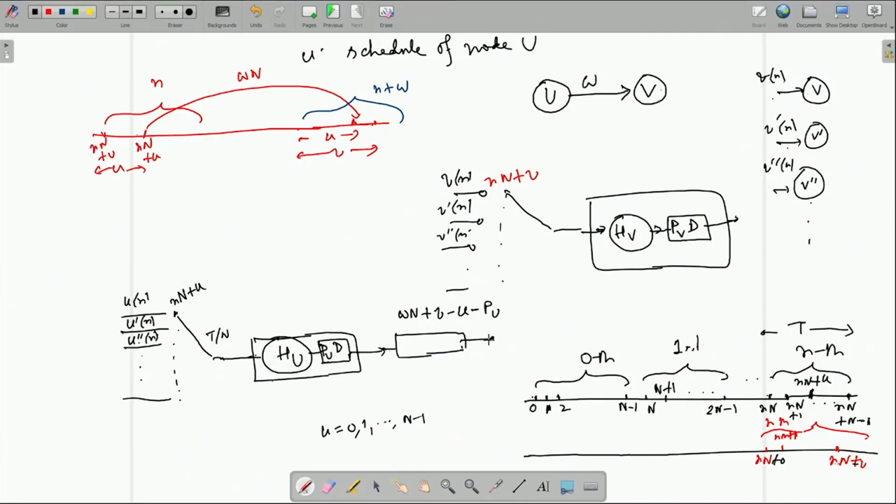Then here, if you tap at that point, n in small n into capital N plus V, if you tap it here, you will get what you are getting here. Then you can happily give it to this. All right.